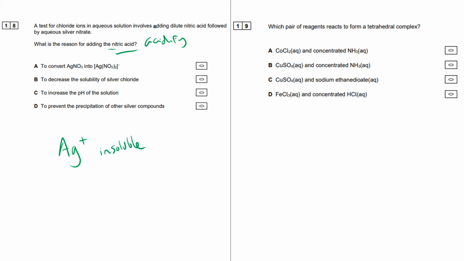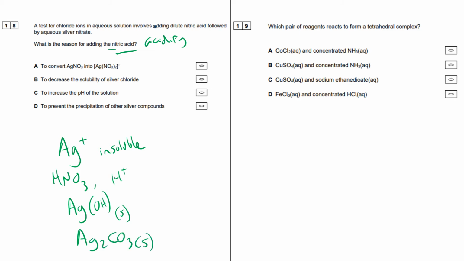So you need to add nitric acid because the H plus ions will react with any ions that would form a precipitate with silver. For example, silver would react with hydroxide ions to form silver hydroxide precipitate, or it will also react with carbonate ions to form silver carbonate precipitate.